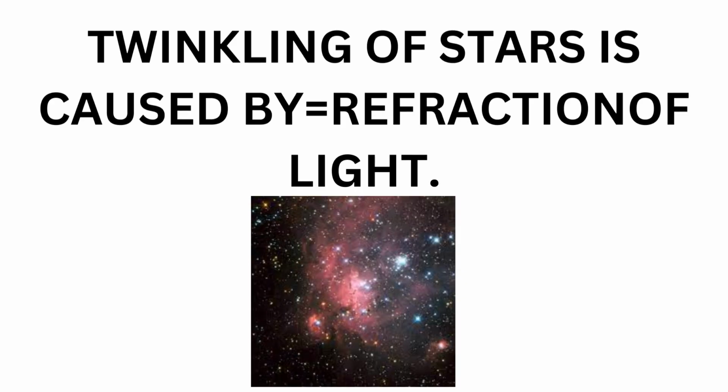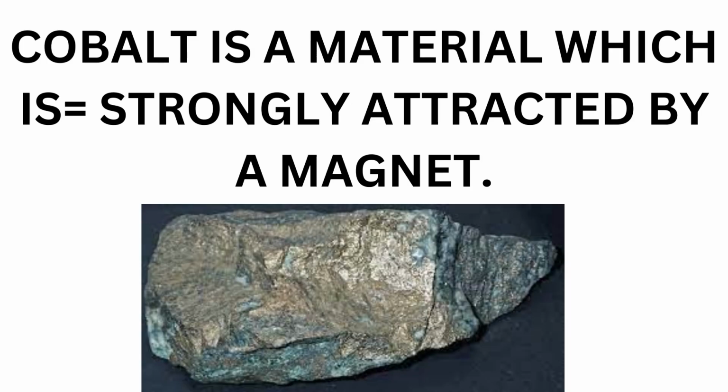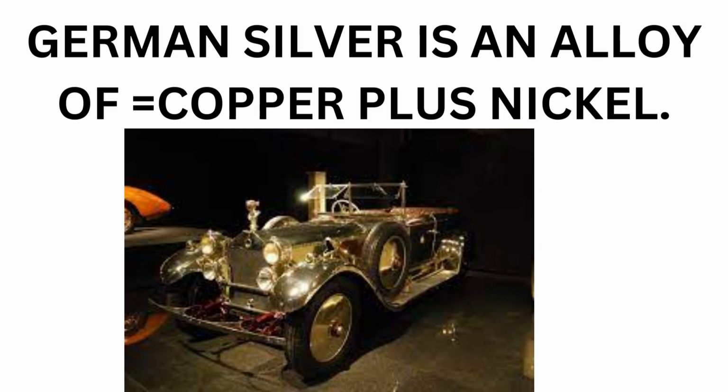And twinkling of stars is caused by refraction of light. And cobalt is a material which is strongly attracted by a magnet. And German silver is an alloy of copper plus nickel. When copper and nickel combine, they form the alloy German silver.